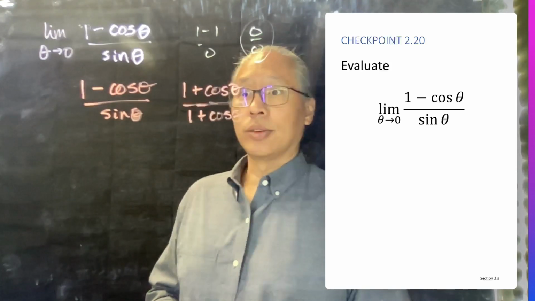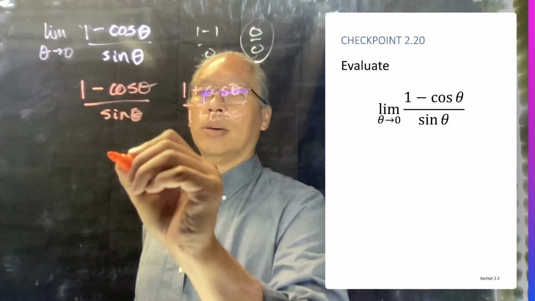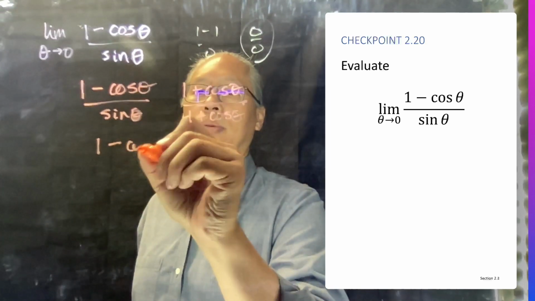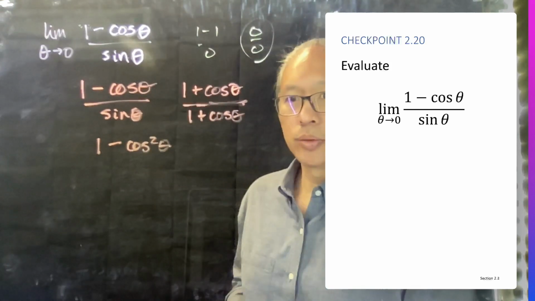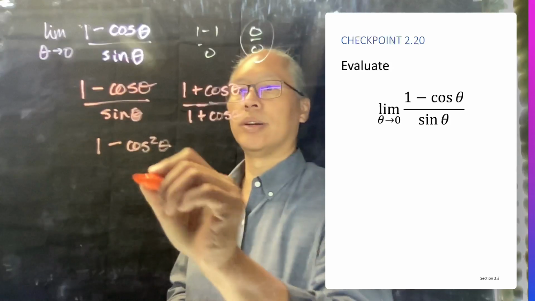And here's what we have so far. We have a 1 squared minus cosine squared theta for the numerator, which we are agreeing is going to be sine squared theta.